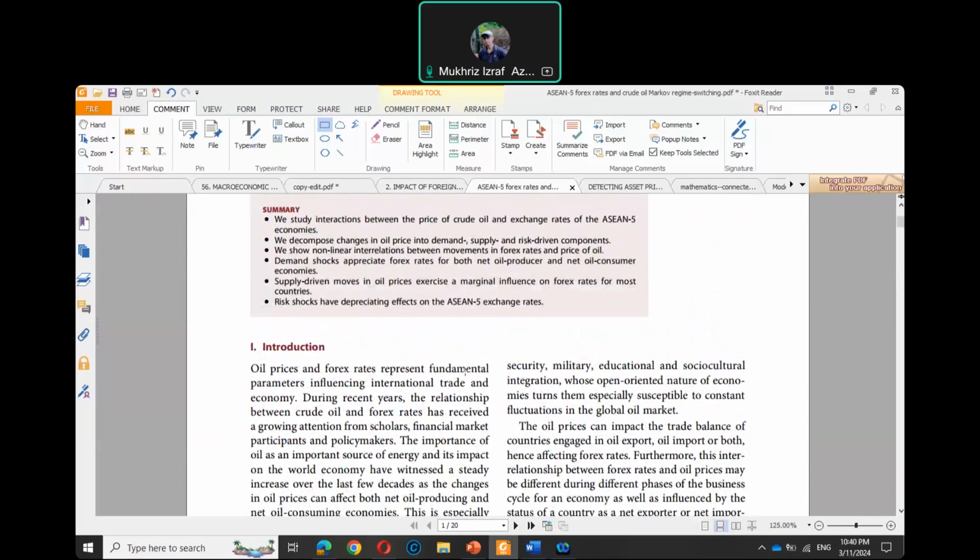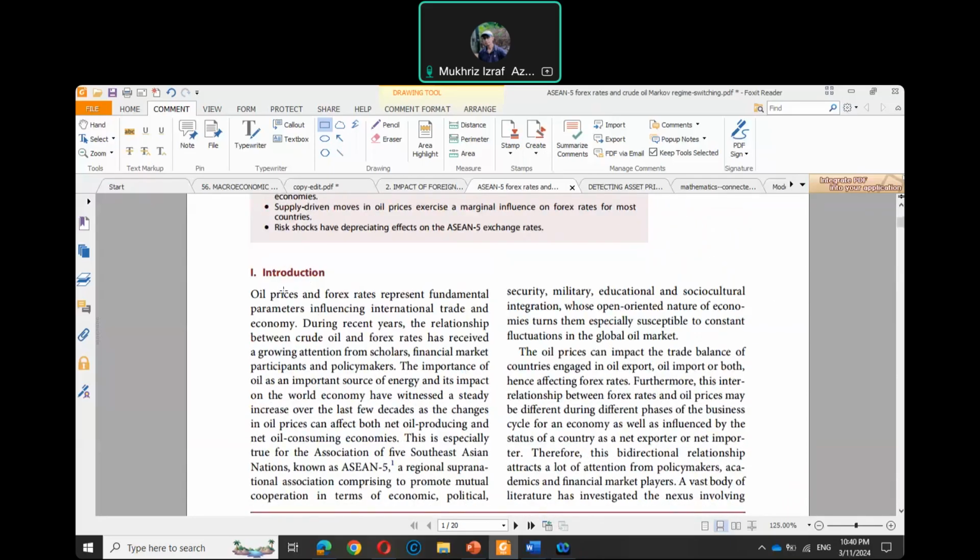In a journal paper, usually we just start with an intro. The intro is basically the combination of intro and background, because journal papers are very short, 15 to 20 pages long, so not as long as a thesis. Since the publication is not that long, we don't divide it into intro and background.